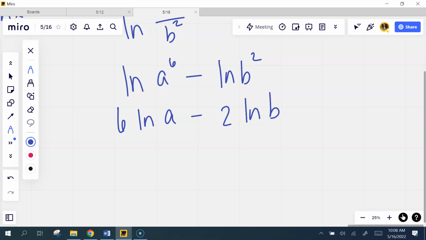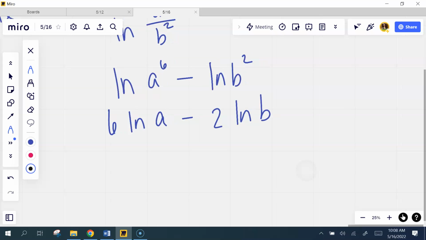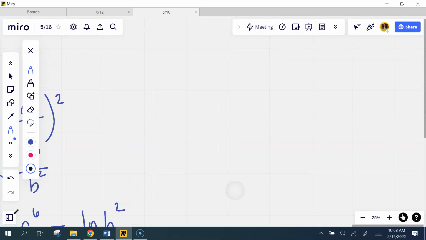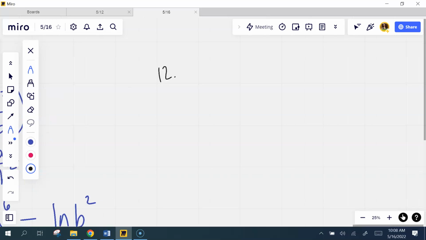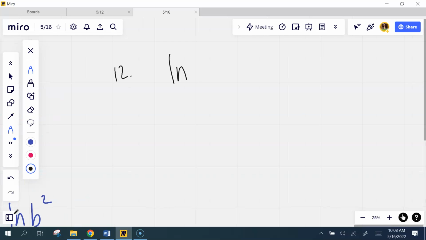How about 12? Y'all try 12. So it's a little bit harder because there's a radical there. Remember, radicals can always be written as what? Fraction exponents.